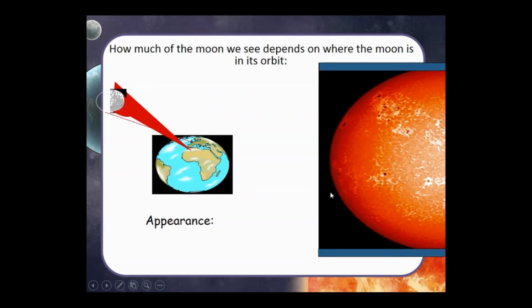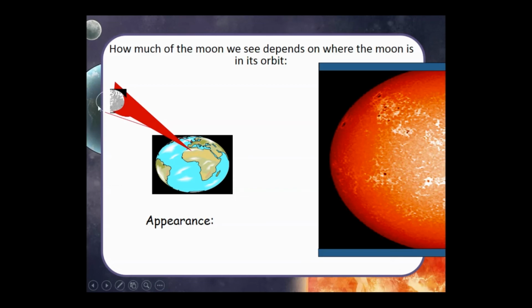We can see here, let's see in this example, if the moon is here now, okay, so the sun rays will be coming, hitting the moon like that, then they will be reflected back to us on earth, right? So we can only see the part that was shined by the sun.